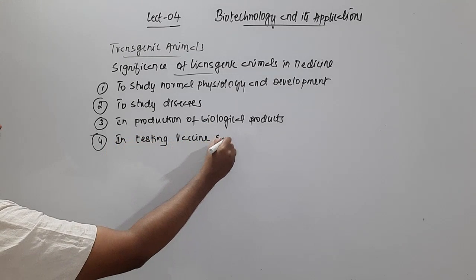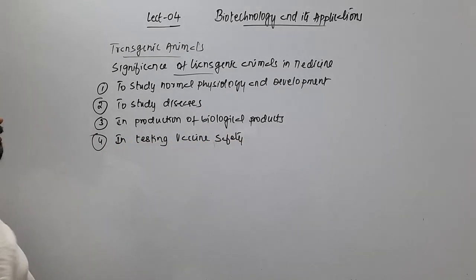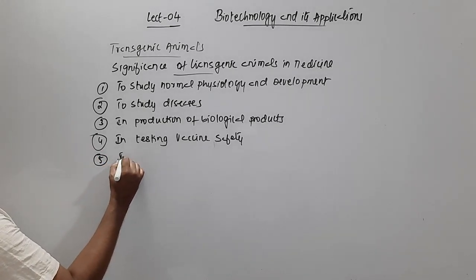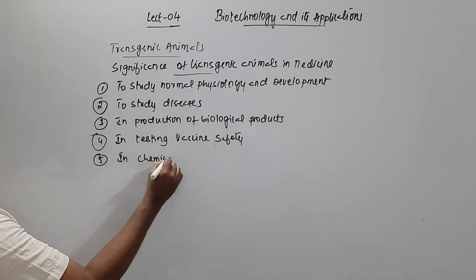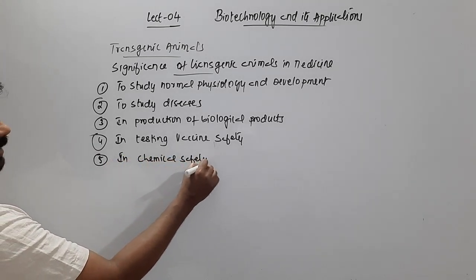Whenever we make a vaccine, it needs to be tested before it is released into the market. Otherwise, if it goes wrong, it can result in the death of many humans. And they are also used in chemical safety testing.